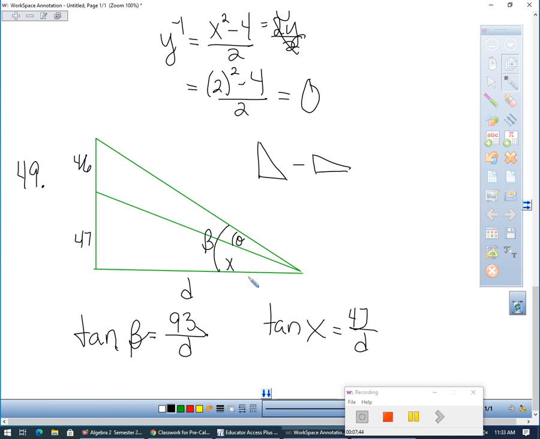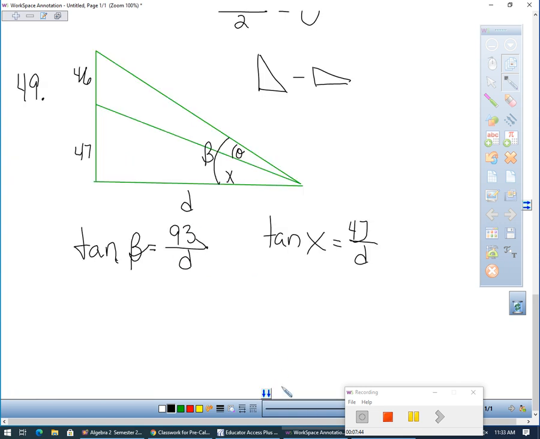Okay? Now, first of all, we want it in terms of d, so we need to change this around a little bit. We talked about the fact that any time we're solving for an angle, we use tangent inverse, or the other word for that is arctangent. So this can be rewritten as the tangent inverse of 93 over d equals my angle.